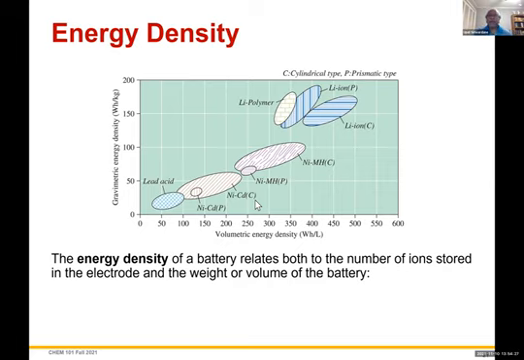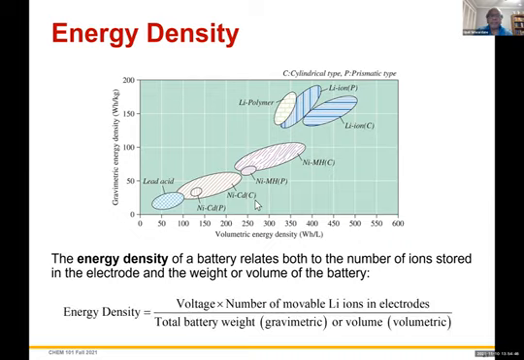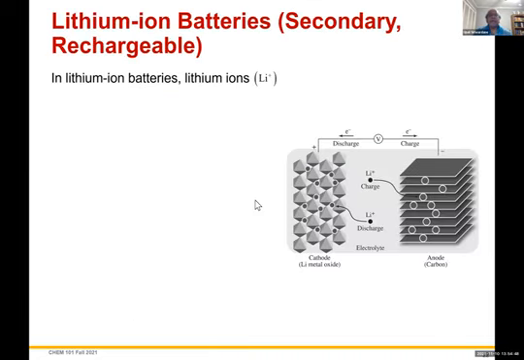So you have to know about the energy densities. Lithium ion batteries have the highest energy density, related to the weight and the volume of the battery. How does a lithium ion battery work?